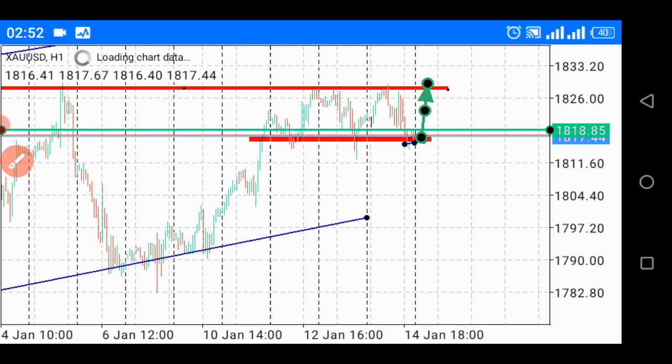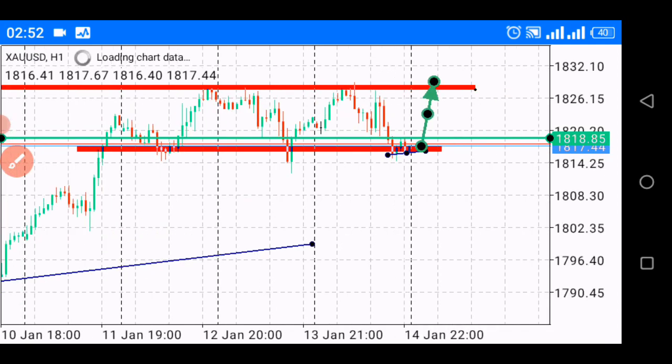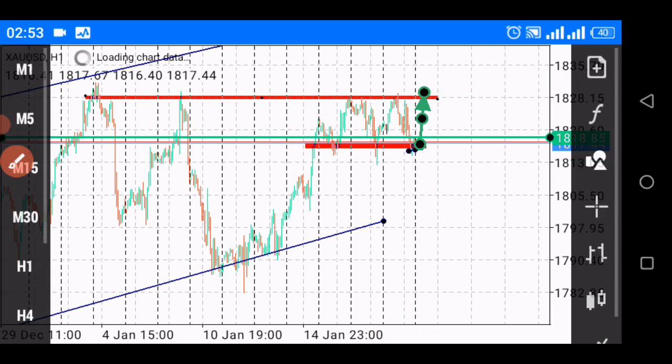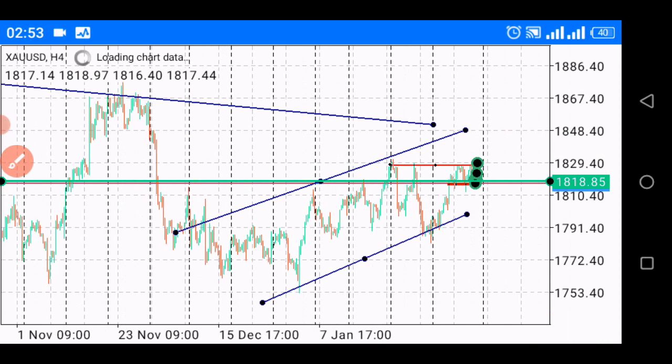So that is how we really time our entry point, and this is for the exit point. We are expecting it to come here. This will be our first take profit, and when it comes there, it will confirm this movement here.